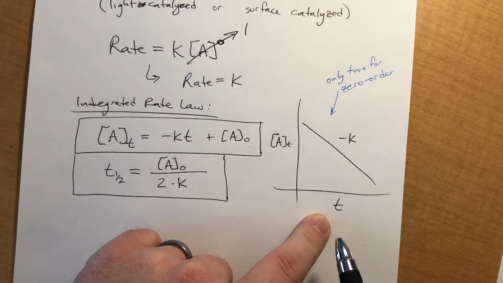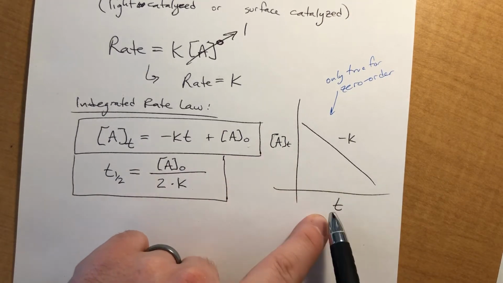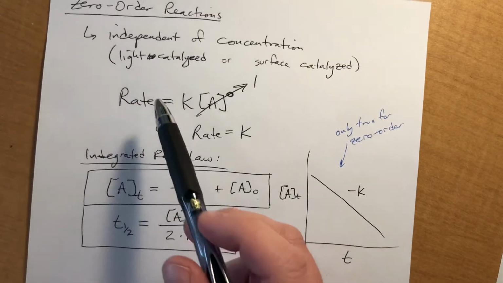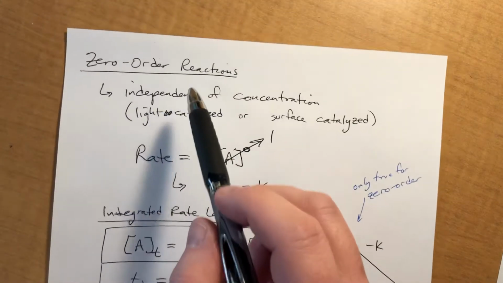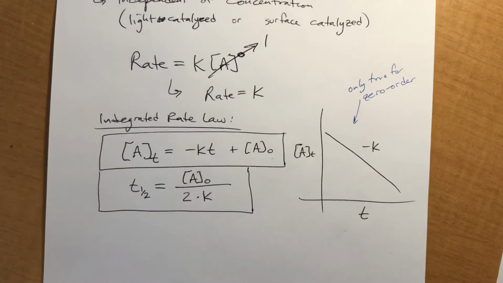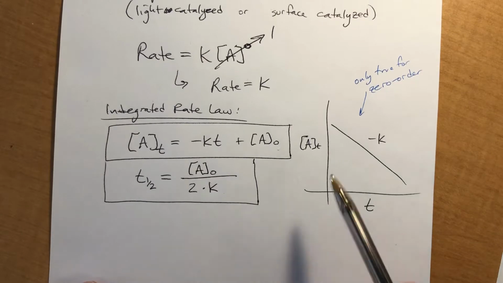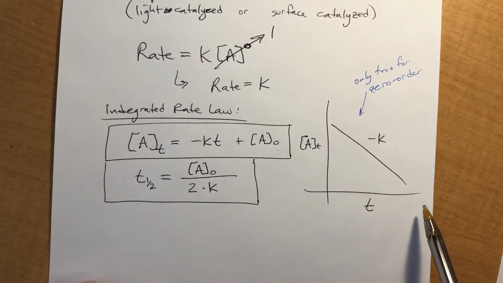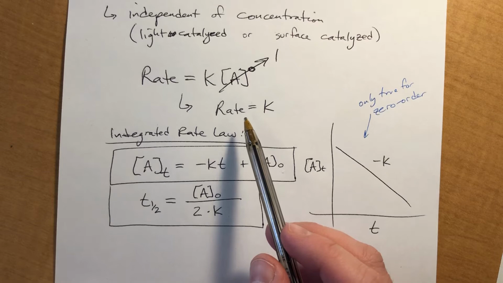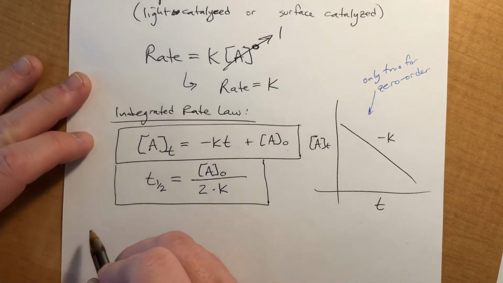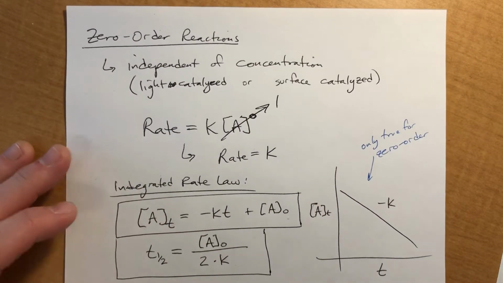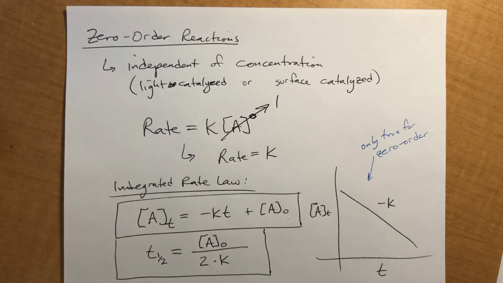If you plot natural log of concentration versus time like we did in the last video for one of these, you're going to get a weird curve. The only time they ever come out as straight lines is if you've got the right overall order of the reaction. And the beauty is, if you plot concentration versus time and you get a nice straight line, your rate law is really easy. It's just equal to whatever this thing is as a positive thing. Okay, so we've covered this one now. I'm not going to make a big deal of it. I'm not saying you'll never see it, but it's one of the less likely ones to come up.